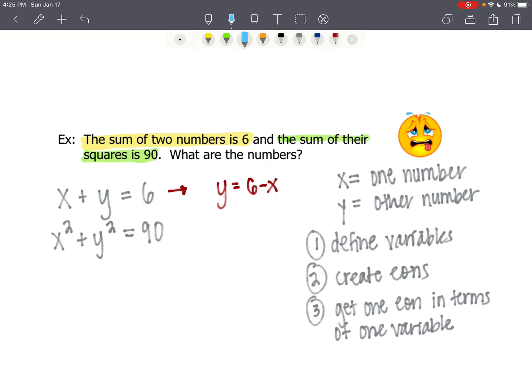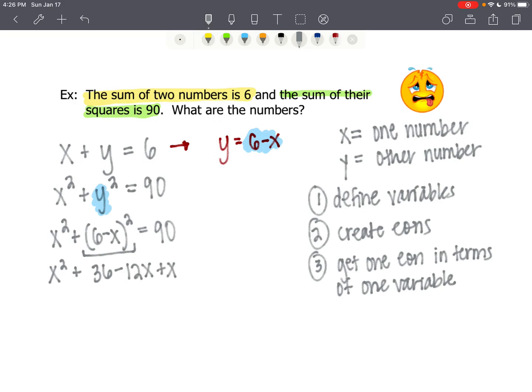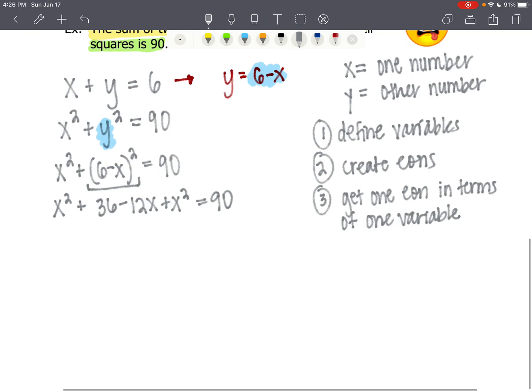That means everywhere that I see a y, I can put 6 minus x in its place. So I have x squared plus 6 minus x quantity squared equals 90. X squared plus 6 minus x quantity squared is 36 minus 12x plus x squared. And then that equals 90.